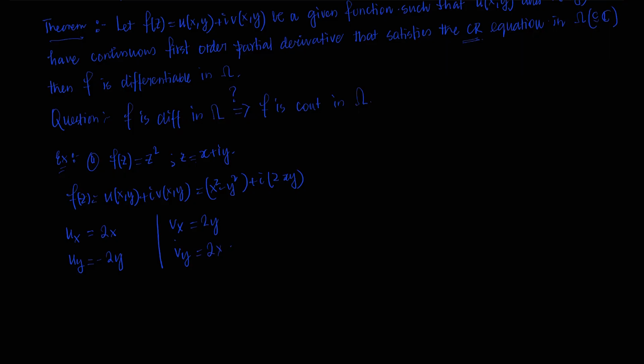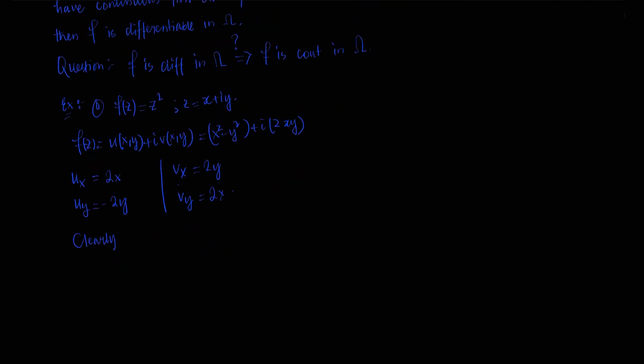Now, clearly u and v have first order partial derivatives. U and v have continuous partial derivatives.